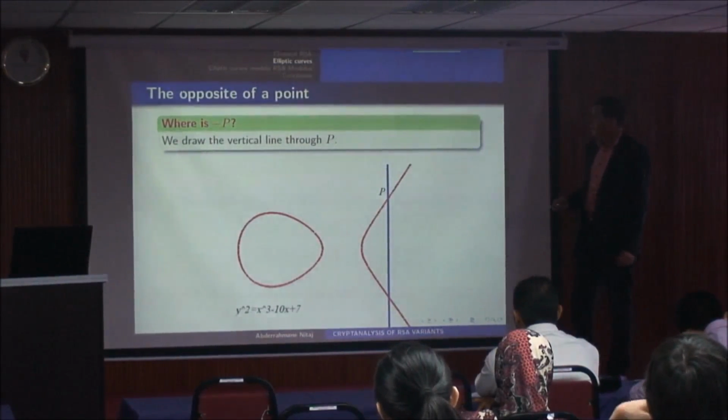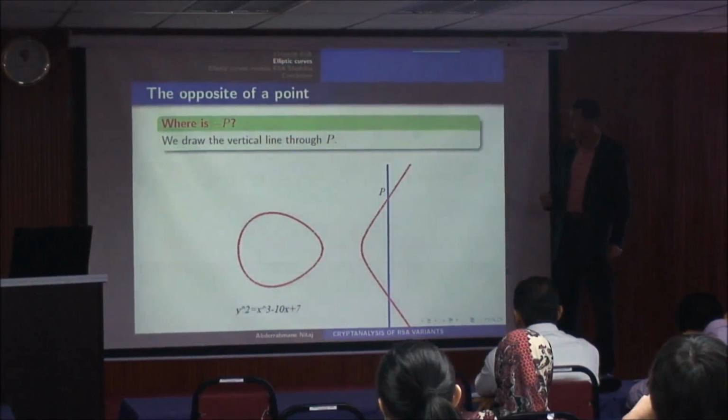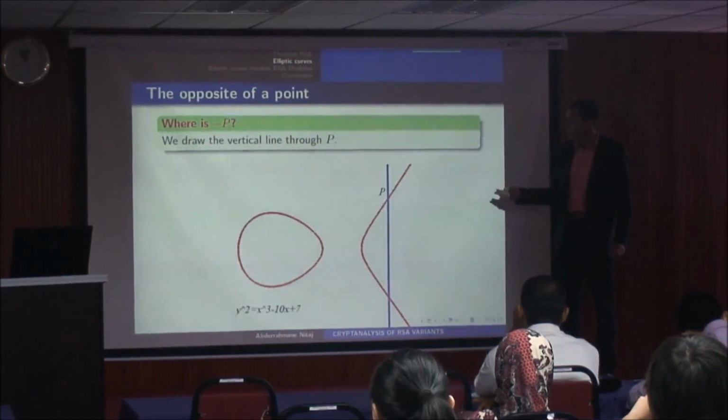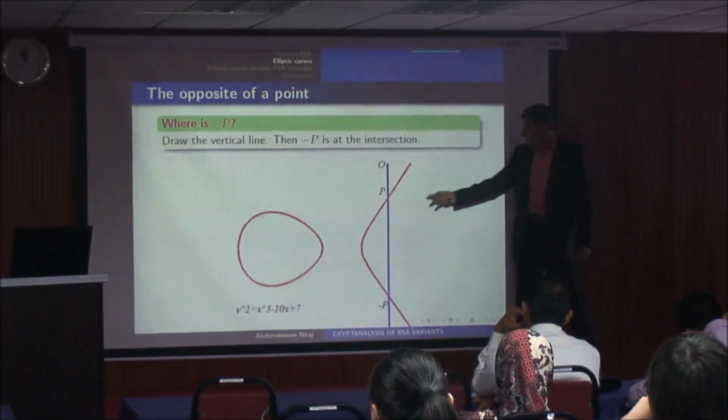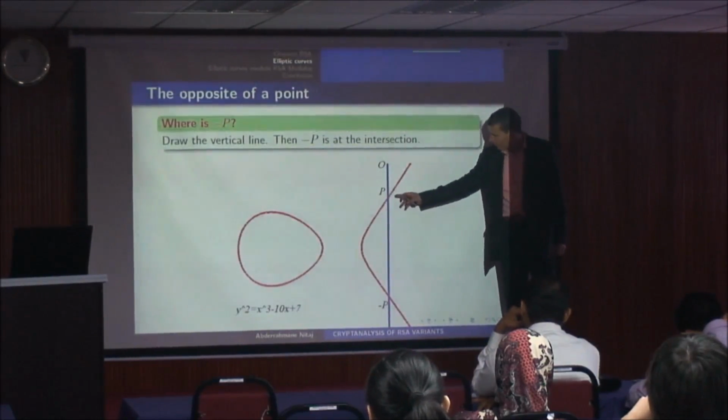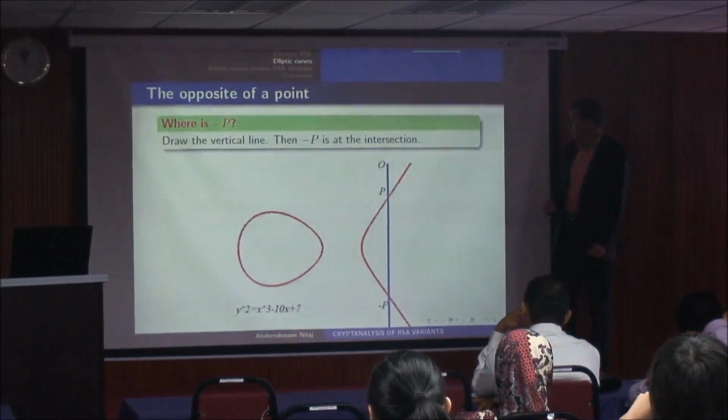So it's very easy to find the opposite of a point when you have an elliptic curve like this. And minus P is just the intersection of the curve with the vertical line.